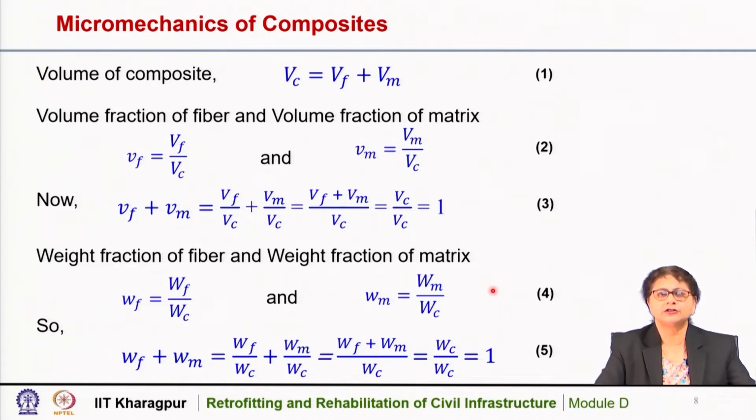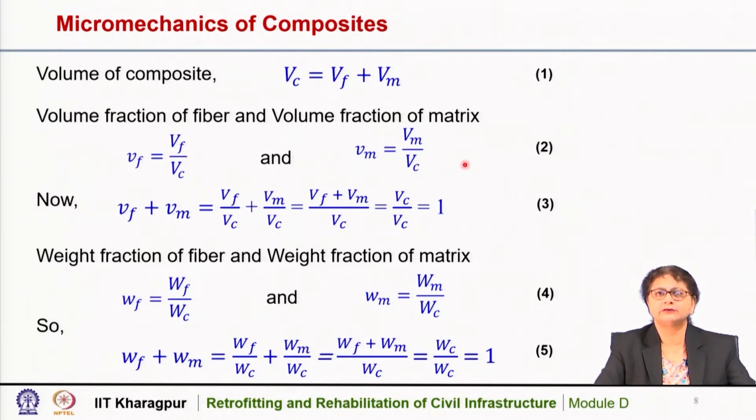Now, the volume fraction of fiber and the volume fraction of matrix are written as this. Small vf is the volume of fiber by the volume of the composite. So, it is the volume fraction of fiber that is equal to the volume of fiber by the volume of the composite.